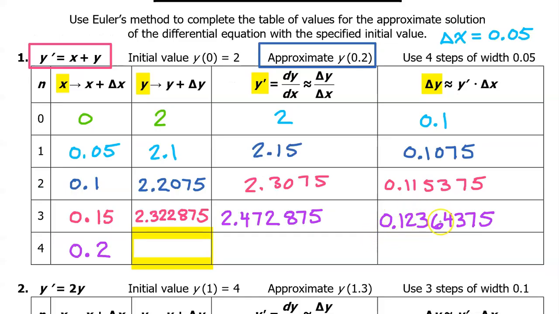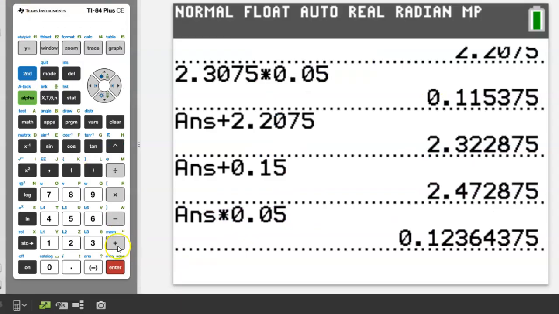That's our delta y. So we can get the next y value, the final answer, by adding delta y to the previous y value. Delta y is already in the calculator, so I just need to add 2.322875. So I just hit plus 2.322875.